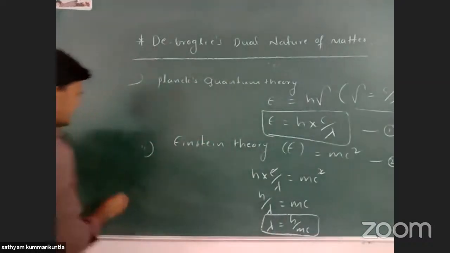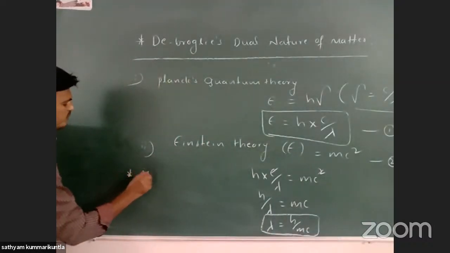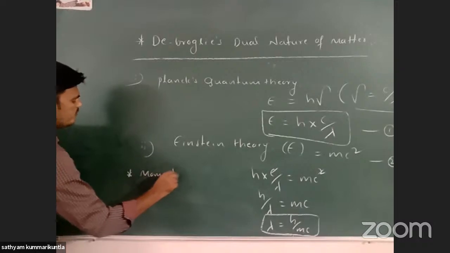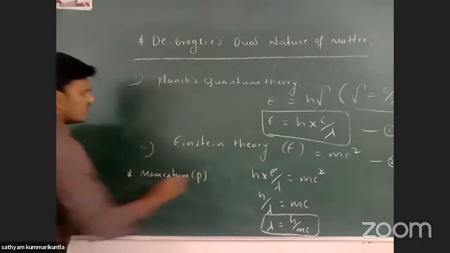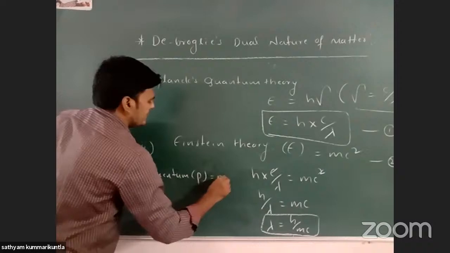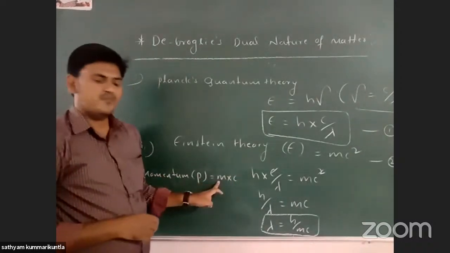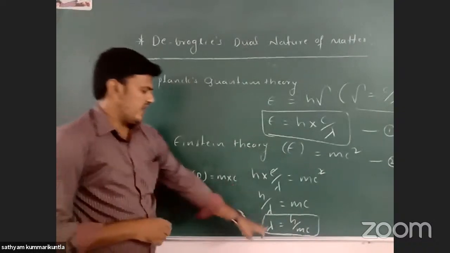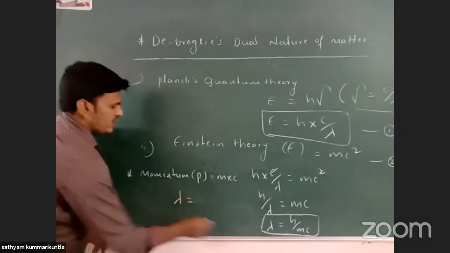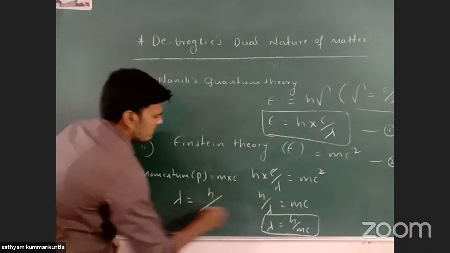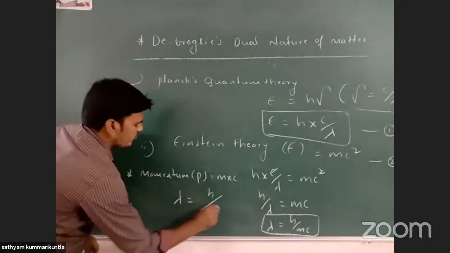But momentum p is equal to mass into velocity. So finally, lambda is equal to h by mass into velocity, that means momentum p.